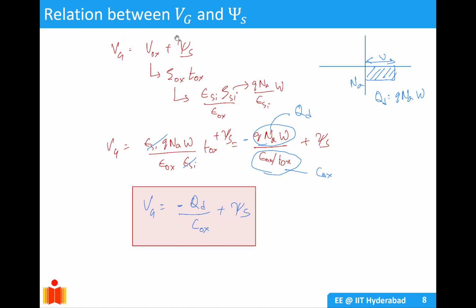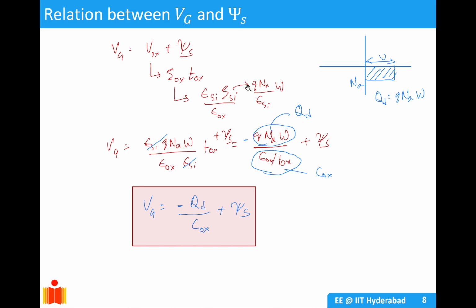So now you can calculate the relationship between Vg and ψs. Vg is Vox plus ψs. We have seen that Vox you can calculate as Eox into Tox. This is electric field, Eox into Tox. Eox we know is epsilon Si by epsilon ox into ESi, and ESi we know is QNA W by epsilon Si.